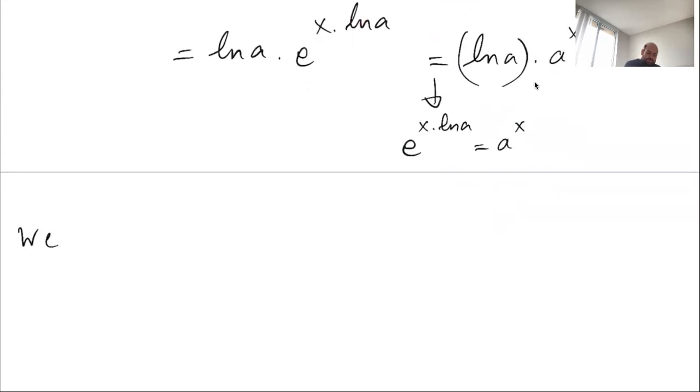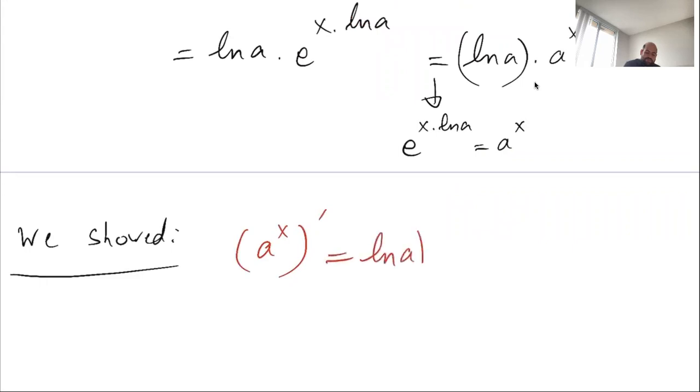So we showed that the derivative of a to the power x is equal to ln a times a to the power x itself.